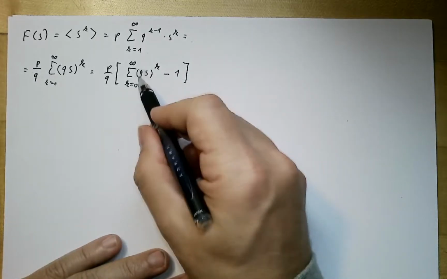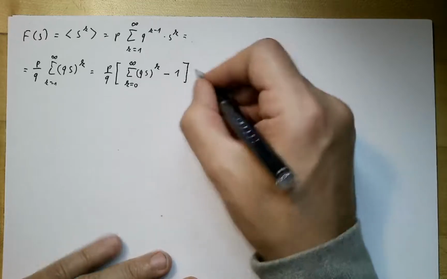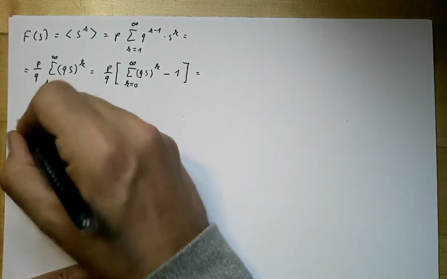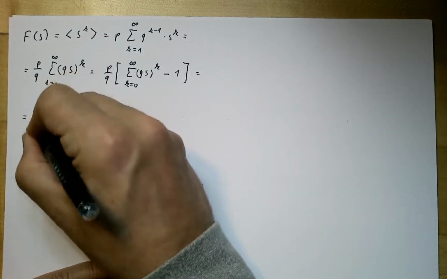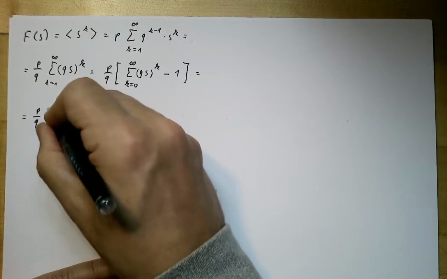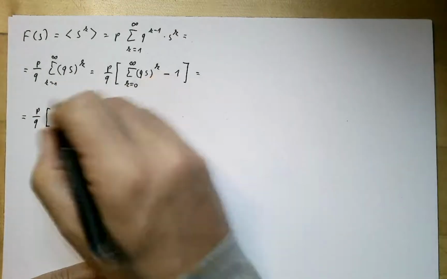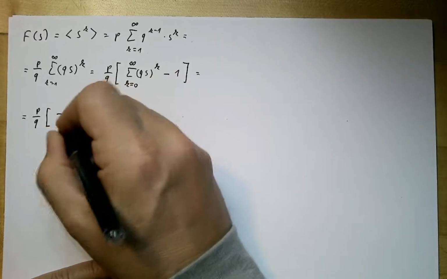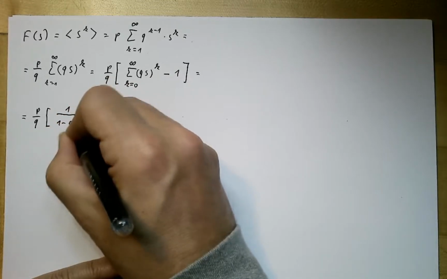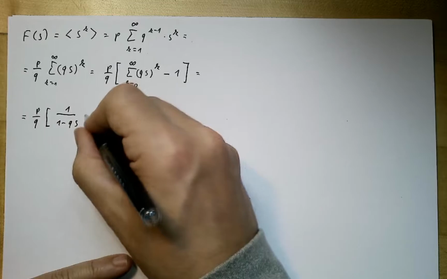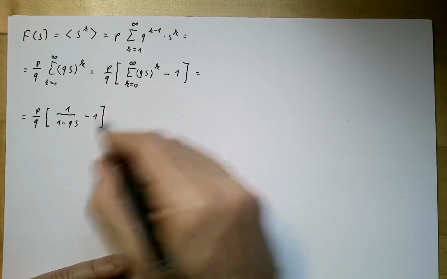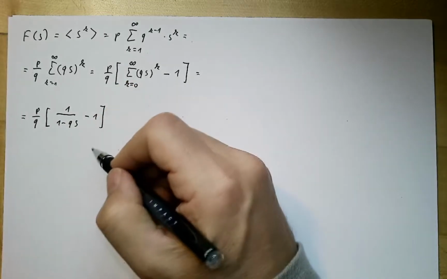And now we can apply the geometric series. So we have p over q times the geometric series, which is 1 over 1 minus q s. And then we still have to subtract here the 1.